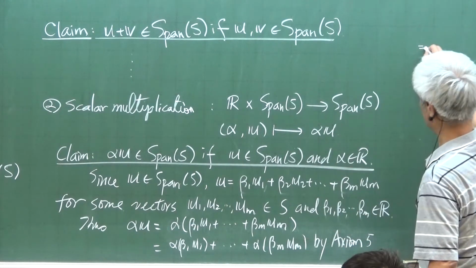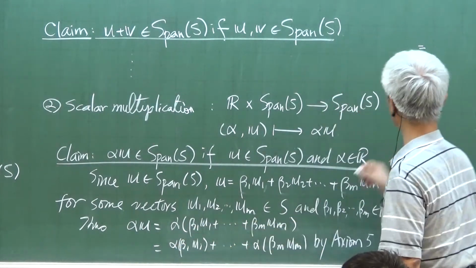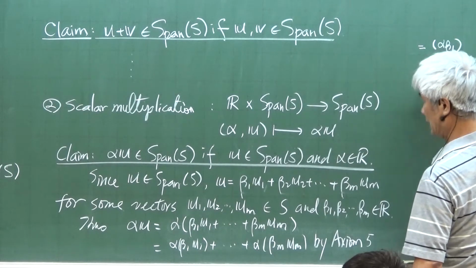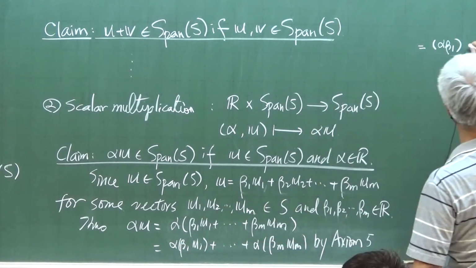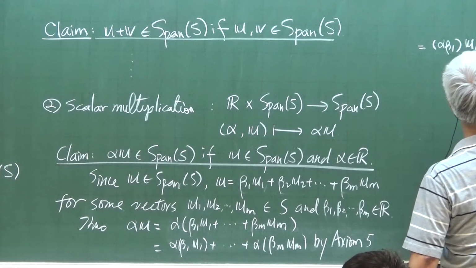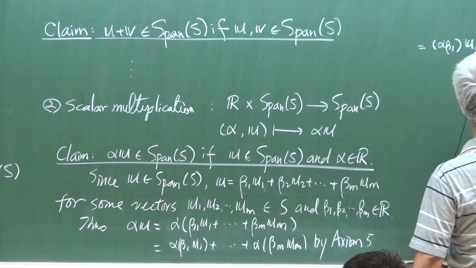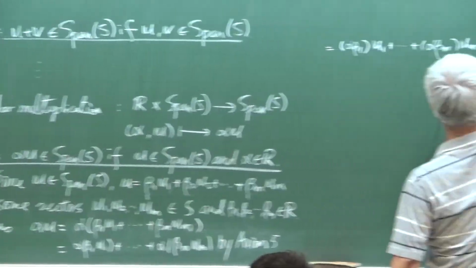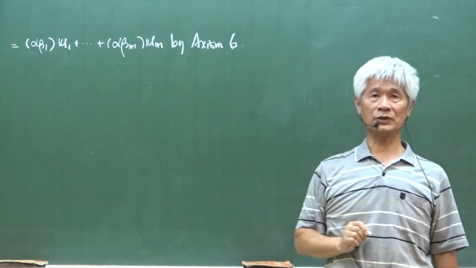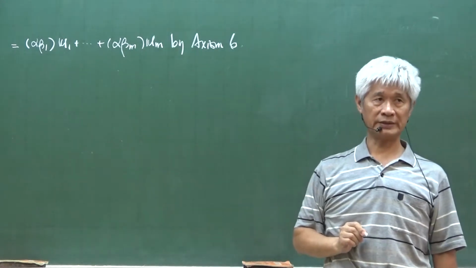And then I will use the associative law, so I can multiply alpha and beta first. So alpha beta 1 u1 plus up to alpha beta m um, by axiom 6, the associative law for scalar multiplication.